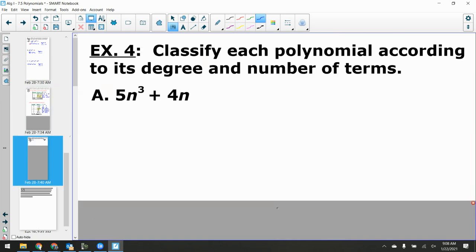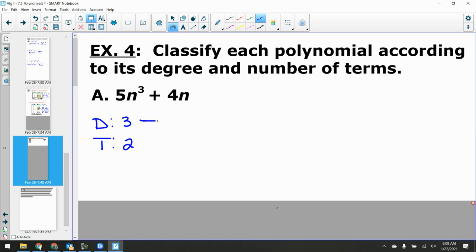So let's classify in terms of its degree and number of terms. Let's identify the degree and number of terms for each one. Well, what's the degree of this one? 3. The highest power is 3. How many terms does it have? 2 terms.